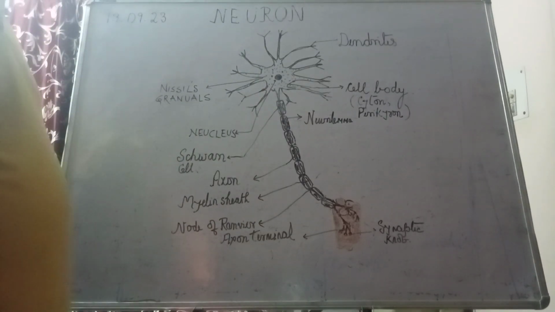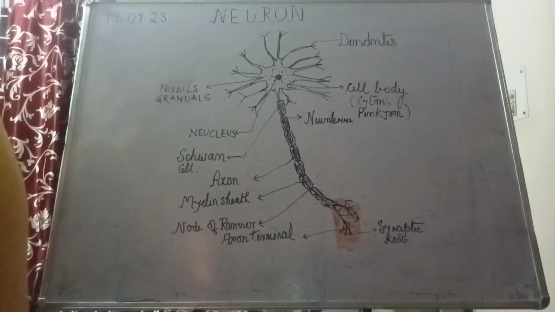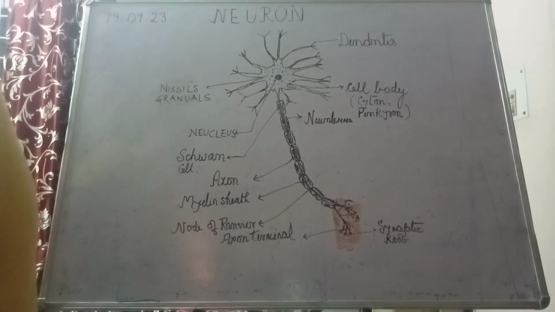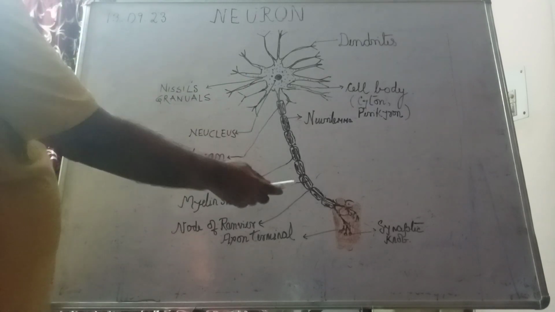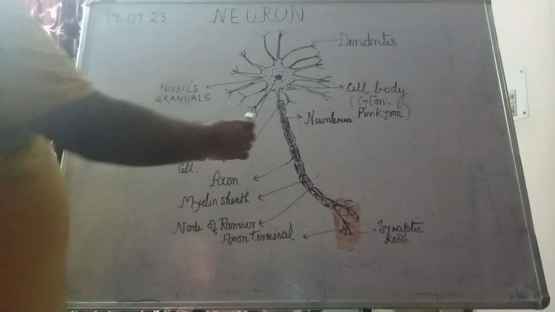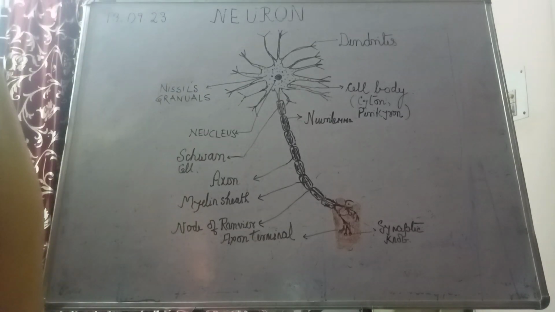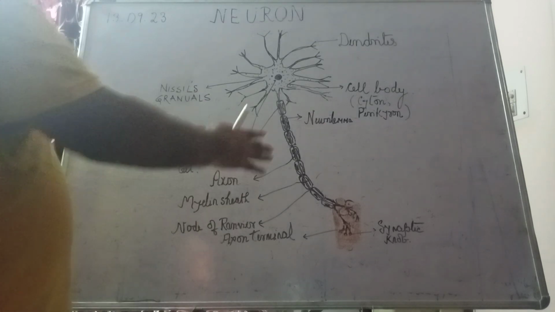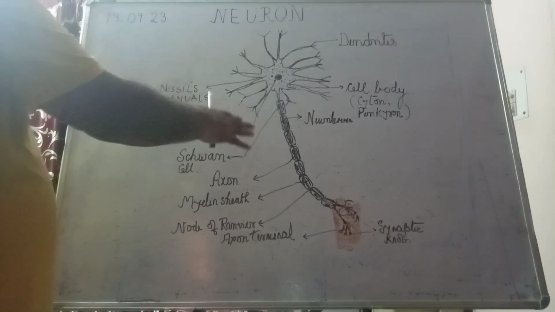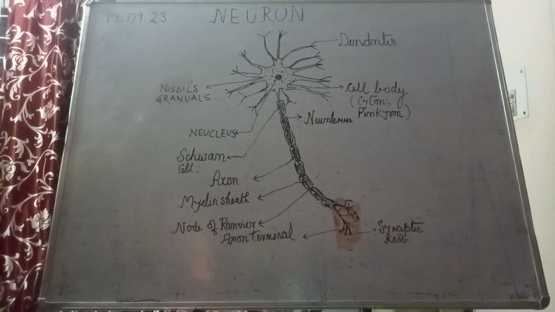It is about 100 microns, that is 0.1 millimeter only, the diameter of cell body. Lengthwise, the axon, the length can be 1 meter, depending on the position of the axon or location of the neuron. So, this is about the size, about the diameter and the length of the parts of neuron.